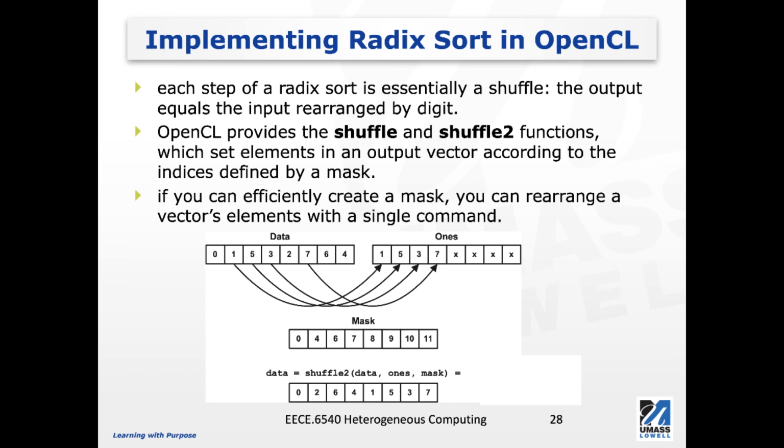Let's look at this example. Just hypothetically, we have, let's say, 8 numbers, and these numbers are from 0 to 7, and these are the numbers we need to sort. And then let's look at this example. We have 2 vectors. One is called data, the other one is called ones.